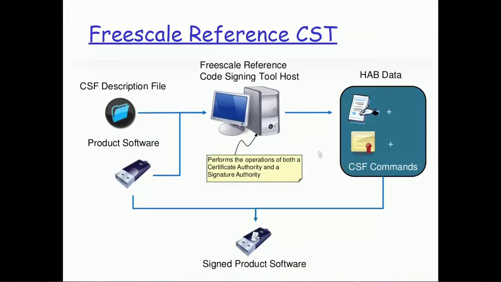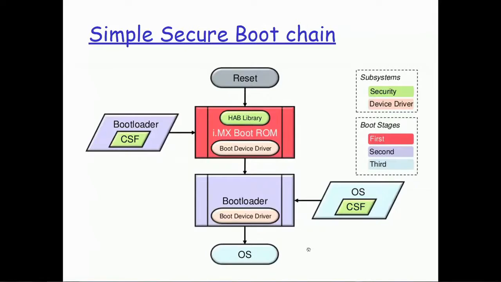It generates the HAB data, which is the signed image with the CSF header, what we call an IVT table, all available as part of the signed image. And then the signed product software is what is used by my manufacturing tool to dump it onto the storage media on the device, right. So, that is the flowchart mechanism of how this whole thing works.